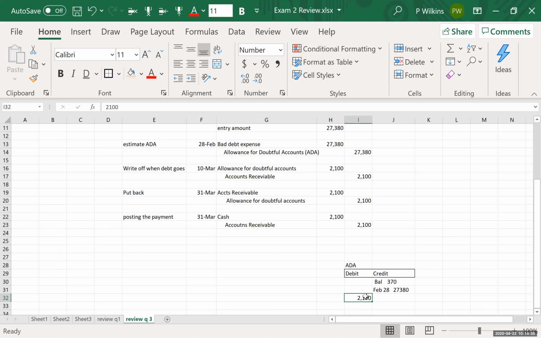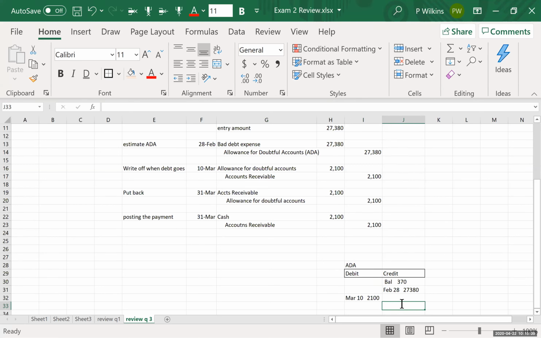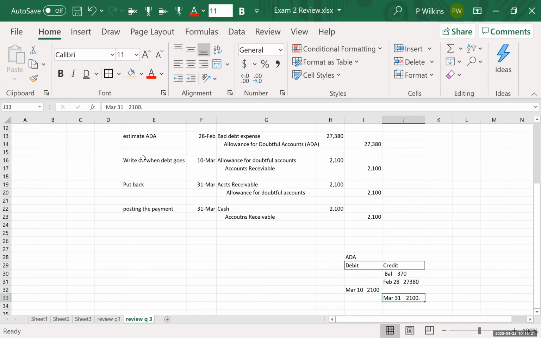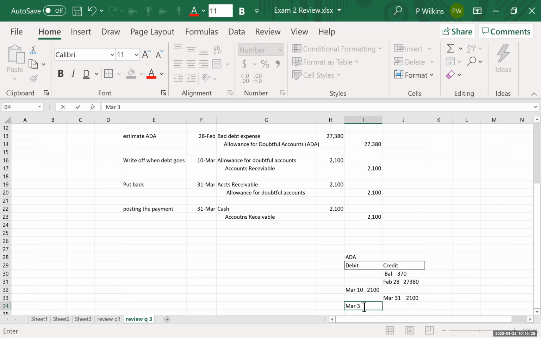Then on March 10th, we had the debit for 2,100. Okay. Then on March 31, we had to credit for 2,100 to get rid of the one we had written off. We had to put it back. And then on March 31, oh, that's it. That's right, that's it, sorry.